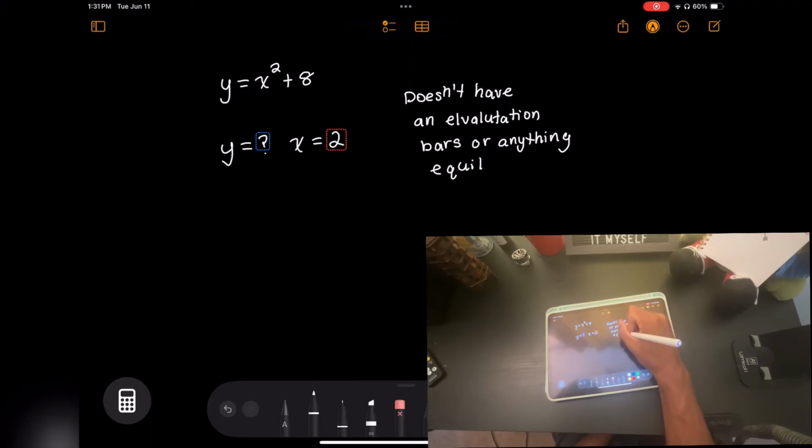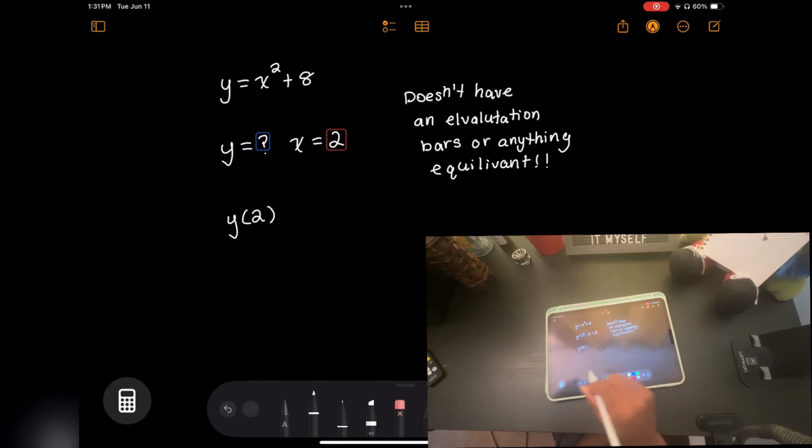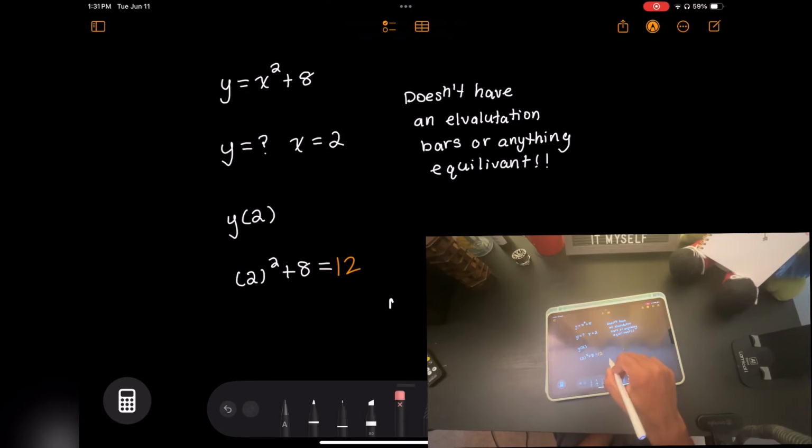That is a huge mistake on their part, in my opinion. That's like all of algebra, and that's how I've learned all of algebra, being able to write y of 2, right? What is y when x is 2? This is obviously equal to 2 to the power of 2 plus 8. Then you can write the equals and it will give you your answer. But it just seems so easy to write y of 2, and it doesn't let you do it.